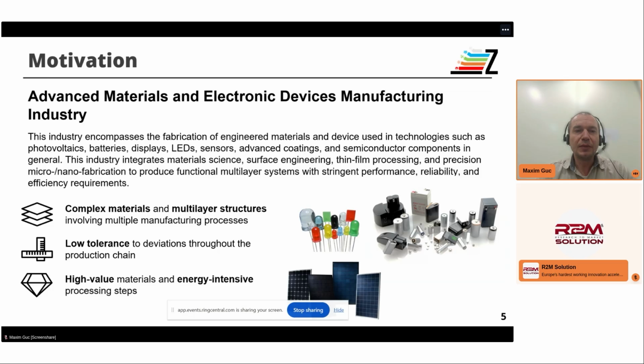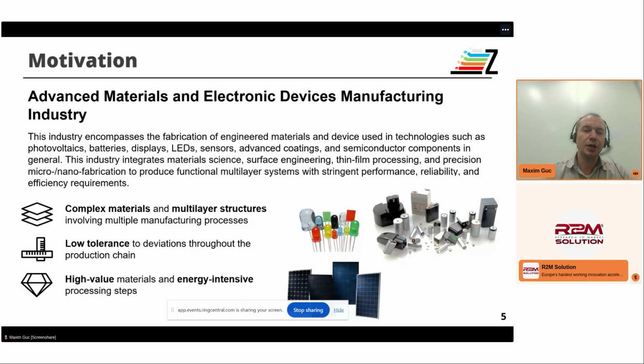Of course, nowadays the materials and electronic devices that are developed, different types of materials, different types of devices, are super complex. They consist of different materials, of the combination of materials, and they are very prone to small deviations.